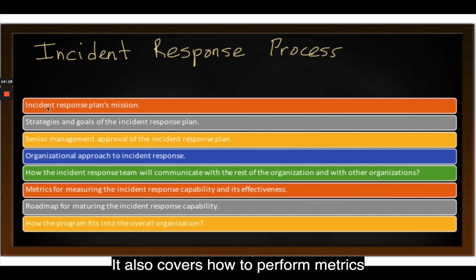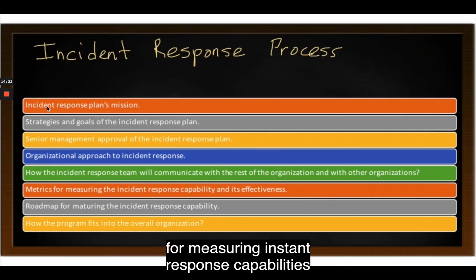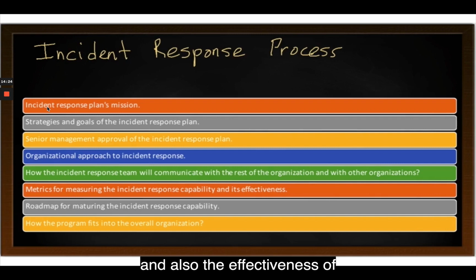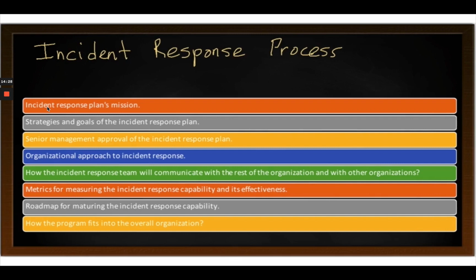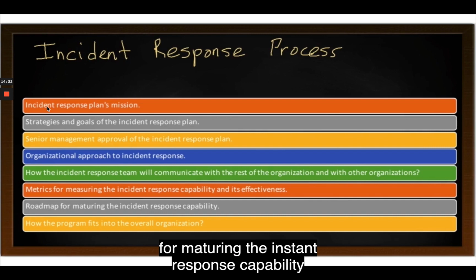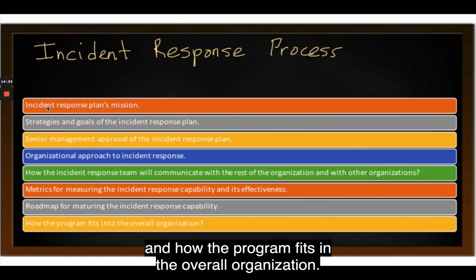It also covers metrics for measuring incident response capabilities and the effectiveness of that incident response process and plan, right? It goes over the roadmap for maturing the incident response capability and how the program fits in the overall organization, right?